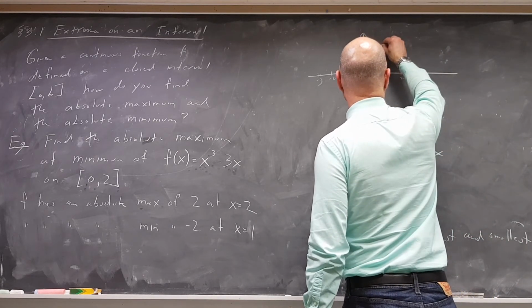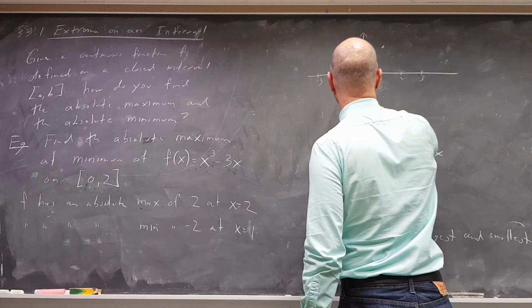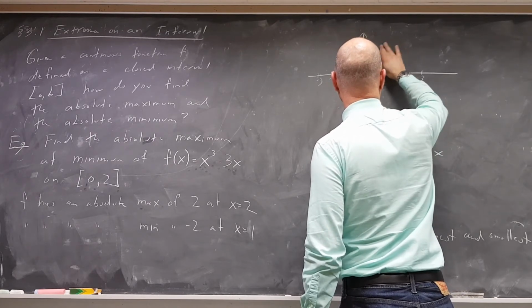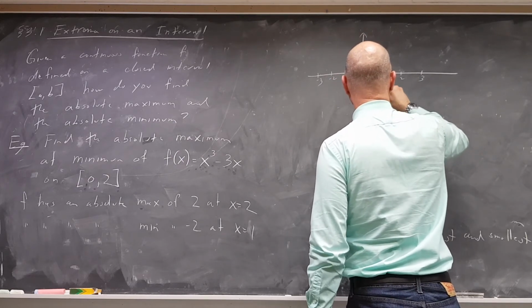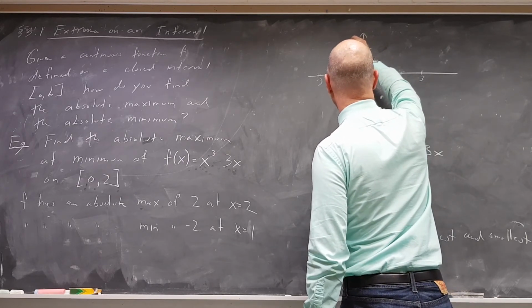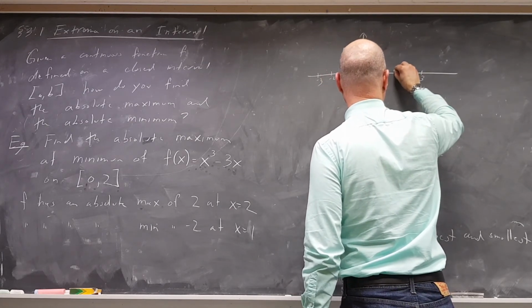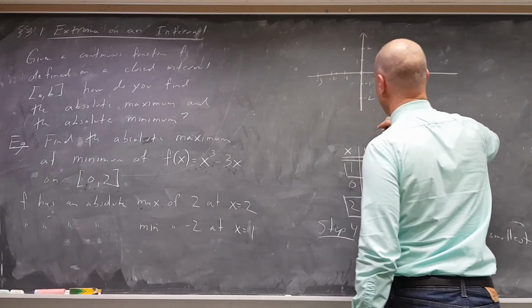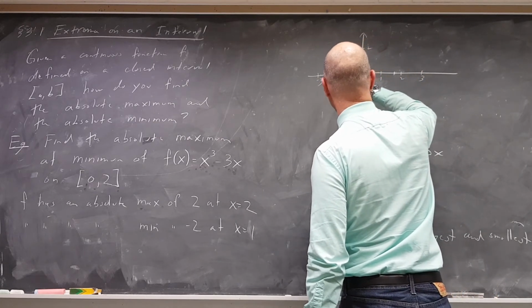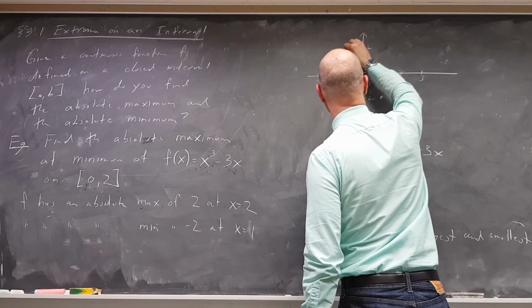At x equals 1, we're at negative 2. At x equals 0, we're here. At x equals negative 1, we're at positive 2. And this thing crosses the x-axis again at about here and about here. We'll do more of this graphing later. If you couldn't do this in your head, don't worry about it right now. So the curve looks a lot like this.